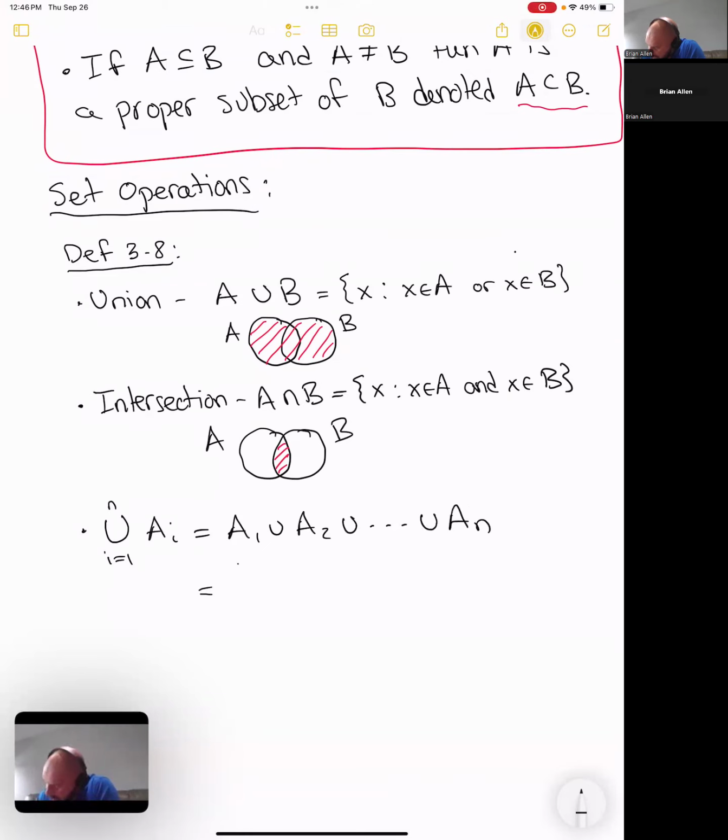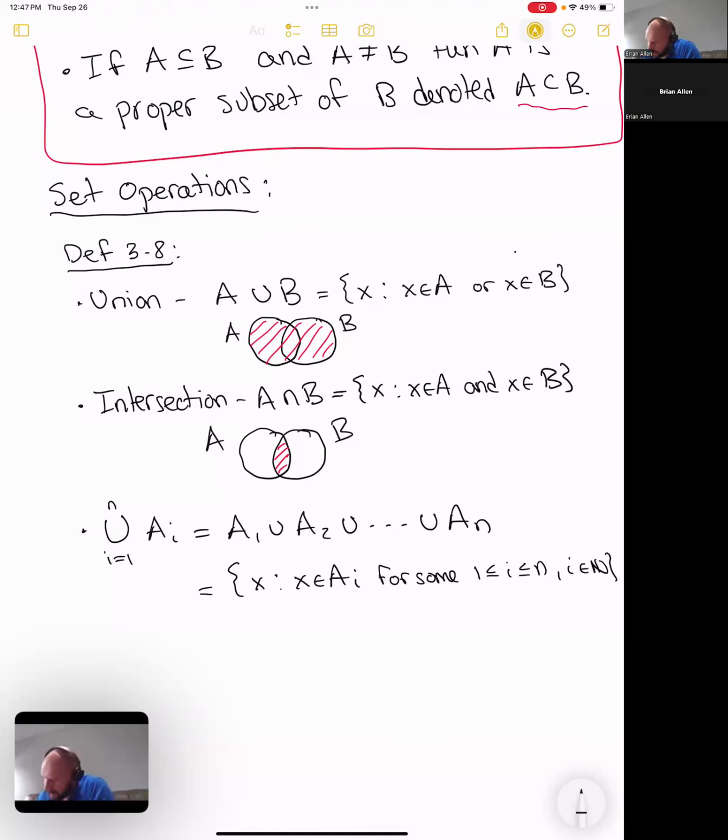And as a set in set builder notation, that's the set of all x, so that x is in, sorry, not each, but for some A_i, so it's in one of them, for some natural number between 1 and n.